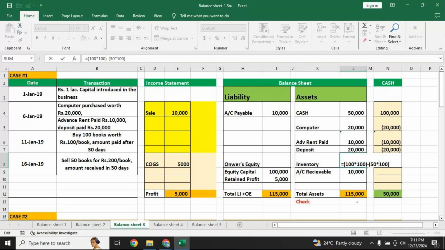So 50 books at the rate of 100 per book. So once I subtract this both, so this is the remaining inventory with me. So 50 books are still with me. Inventory means whatever I have bought, after the sales, whatever is remaining, that will be my inventory. Clear? Yes, ma'am. Thank you, ma'am.